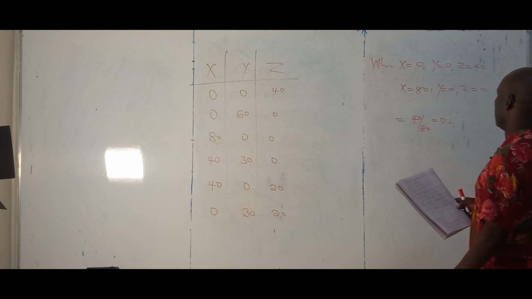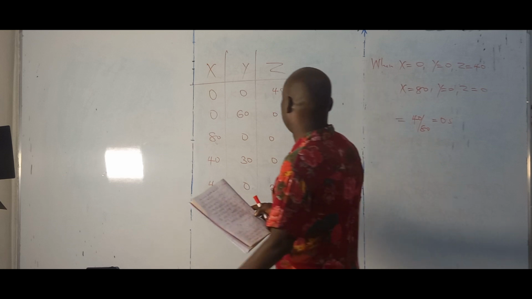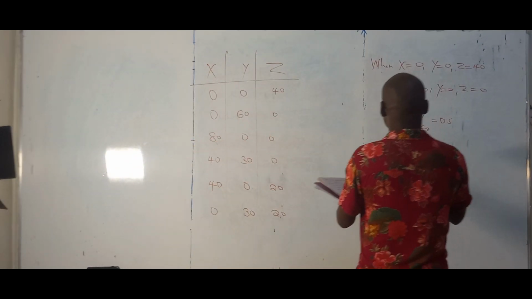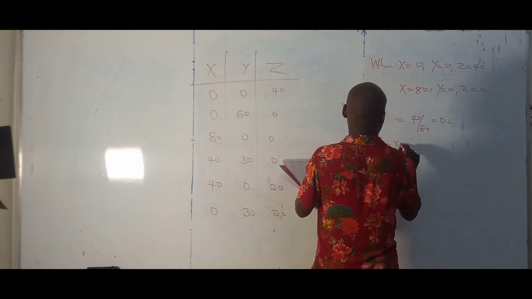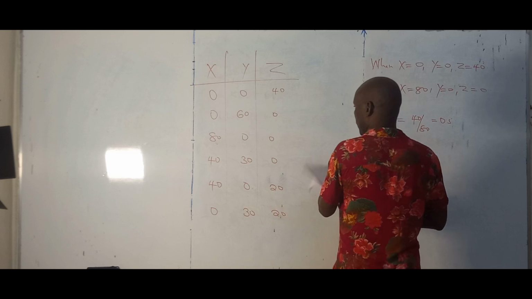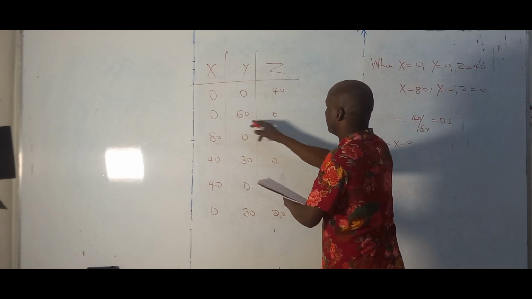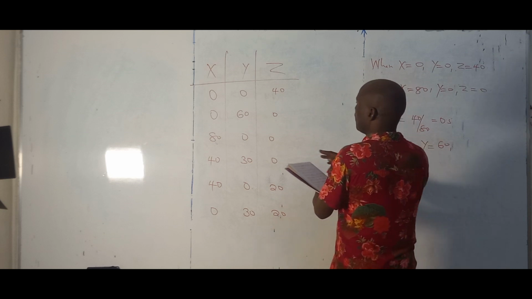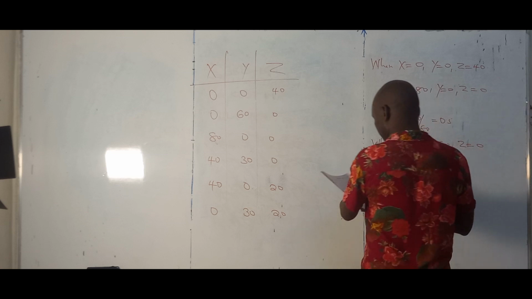So let's see how we relate X and Y. And how will that happen? We then say when X is 0, Y is 60, that's this case, and Z is 0.